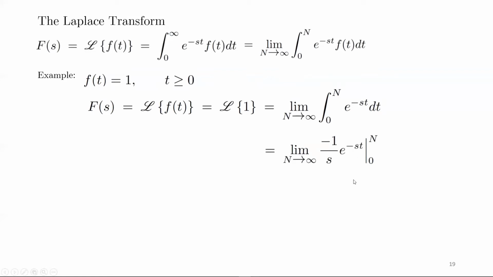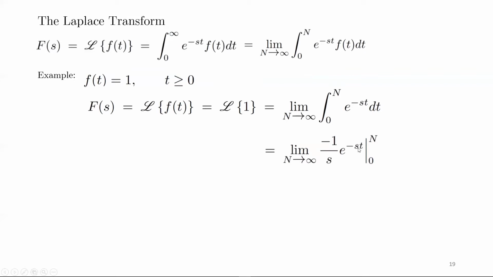Okay, so nothing too challenging there, but we need to substitute in the values of t when t is equal to n, and then take the limit, and when t is equal to 0. Okay, so if we do that, well, e to the minus s times n, the limit as n goes to infinity is 0.